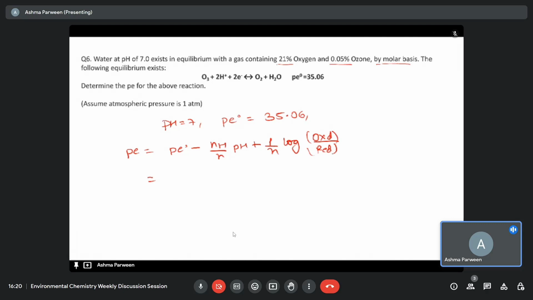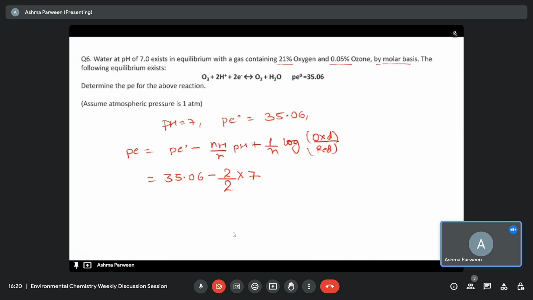So here we have PE naught is 35.06, number of H plus is 2, and number of electrons is also 2, and pH is already given in the question, it is 7.